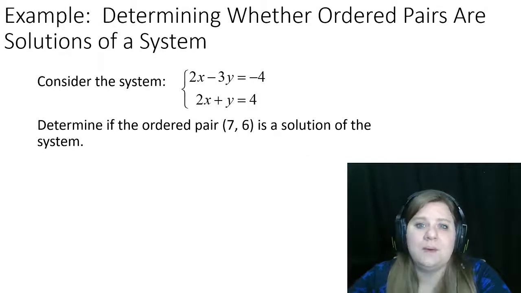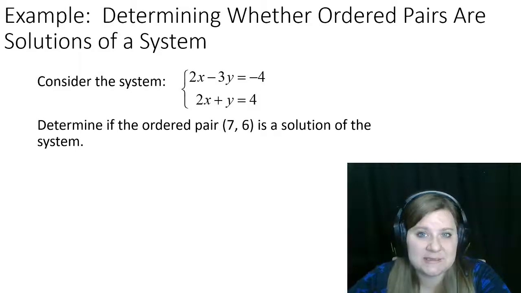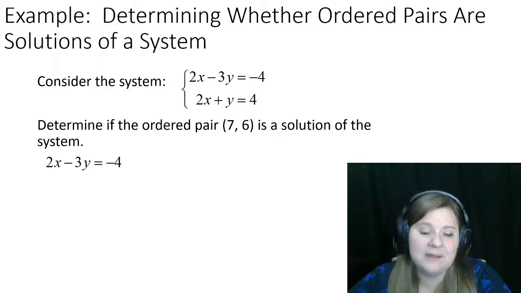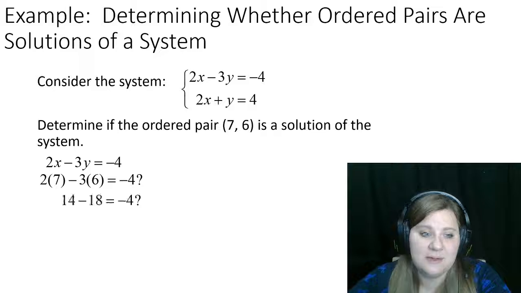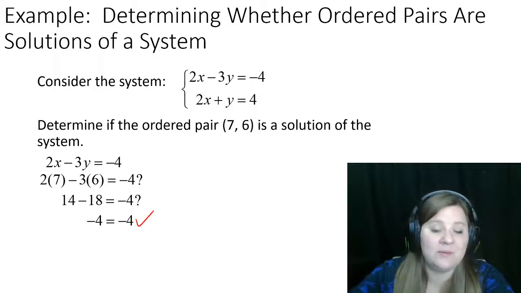So pause the video while you check to see if (7, 6) is a solution to the system. So when I plug in 7 for x and 6 for y in the first equation, I get 14 minus 18, which is negative 4. So yes, that worked.